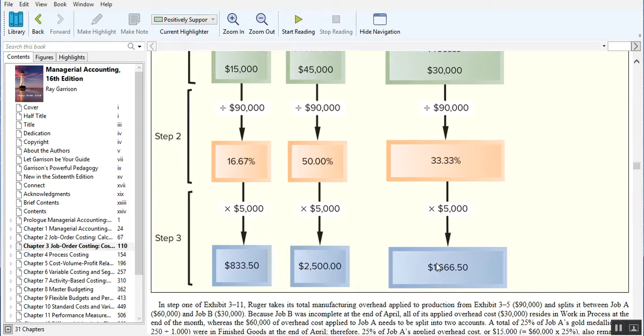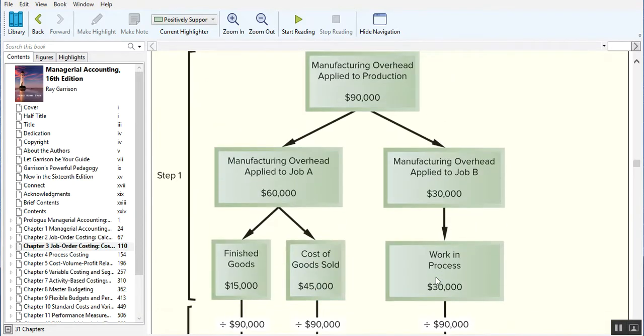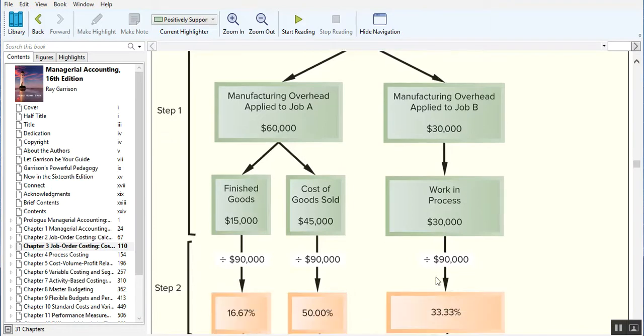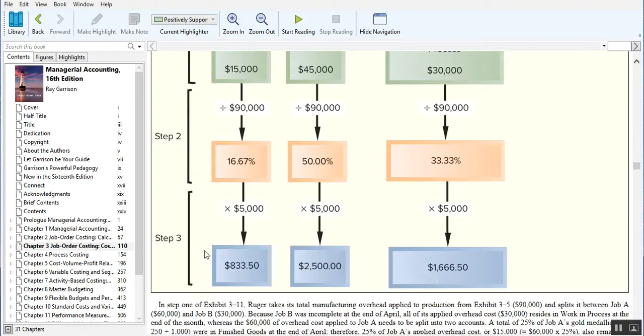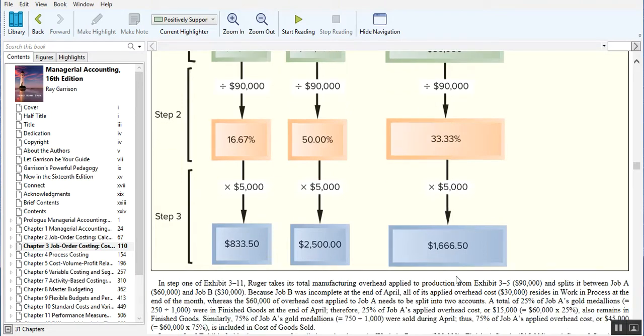So in this case, $833.50 goes to job A, $2,500 to job B, and $1,666.50 goes to manufacturing overhead. I'm sorry, job A gets $833.50 plus $2,500. Job B gets $1,666.50.